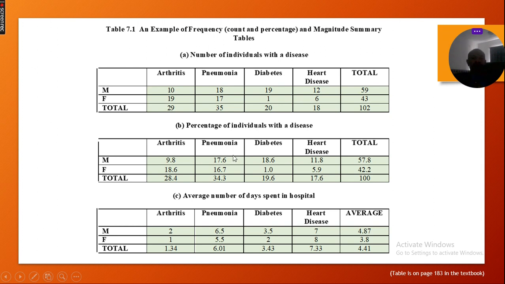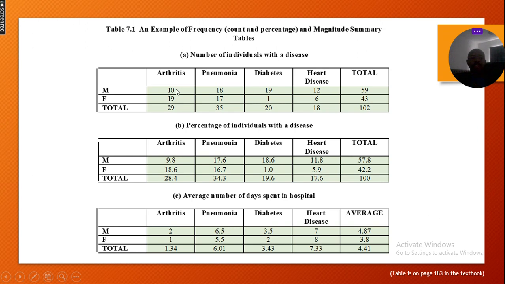Okay. Then we go to the B. These are showing in terms of percentage, not in terms of number. Percentage of people who have arthritis, male is 9.8%, pneumonia 17.6%, diabetes 18.6%, heart disease 11.8%. So in terms of percentage, the same information here, but we just calculate the percentage.